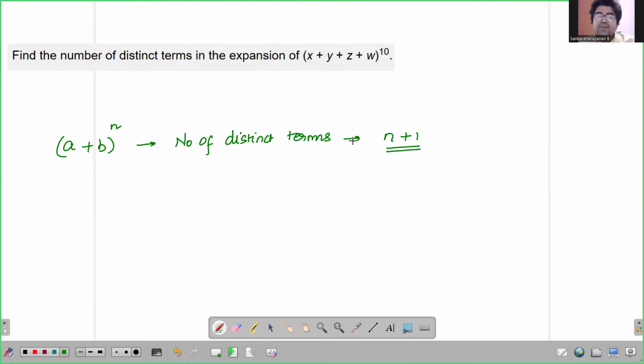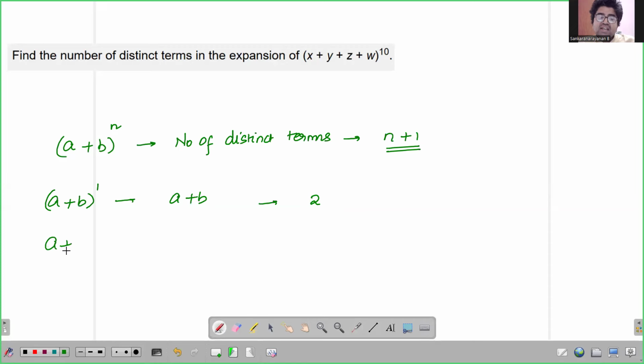But this is applicable only when you are considering it in that binomial format. For example, a plus b, the whole power 1. It's a plus b. The number of terms is equal to 2. 1 plus 1 is 2.